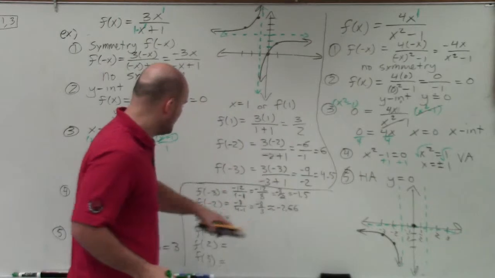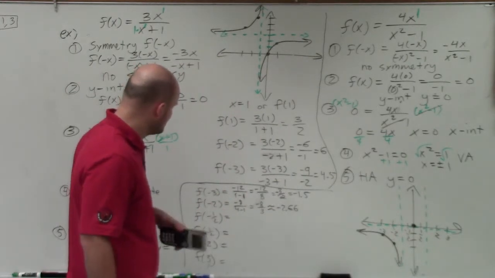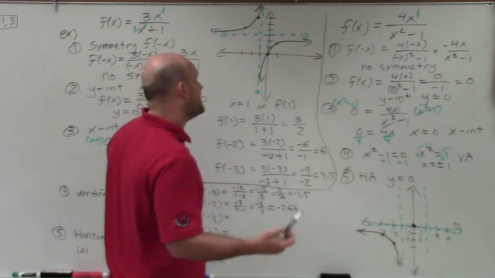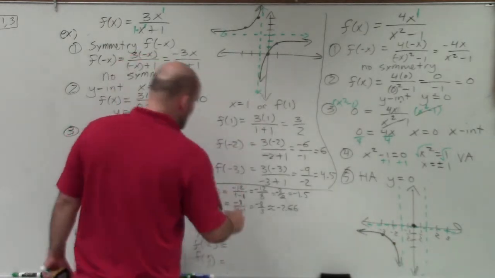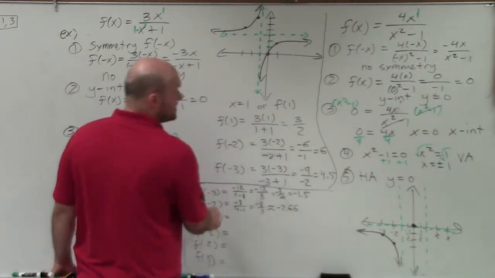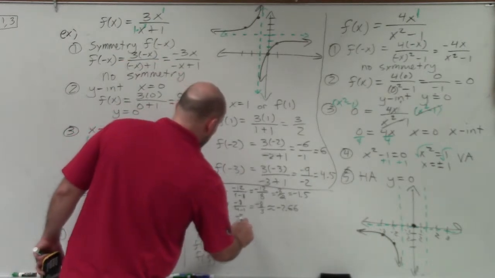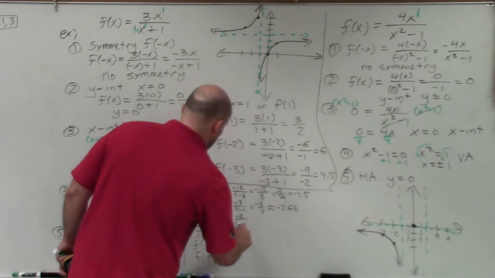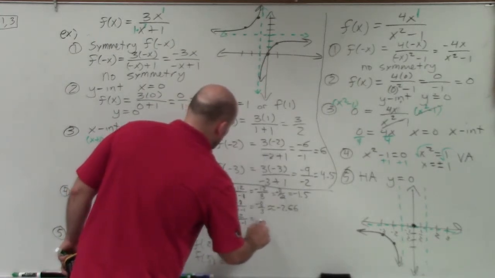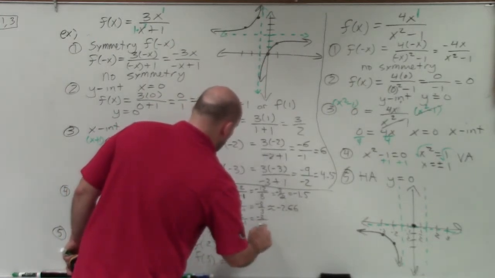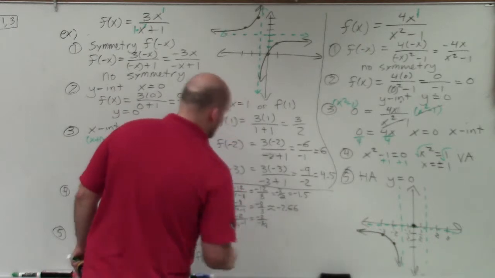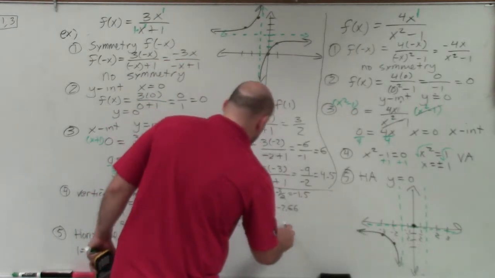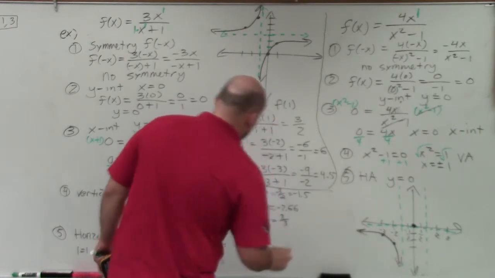OK, so now the reason why I wanted to use my calculator again was to determine the 1/2, although it's not really that bad. So 4 times negative 1/2 is negative 2, over 1/2 squared, which is 1/4, minus 1, which is really negative 2 over a negative 3/4. Then you'd multiply by your reciprocal, so that's going to be a positive 8/3.